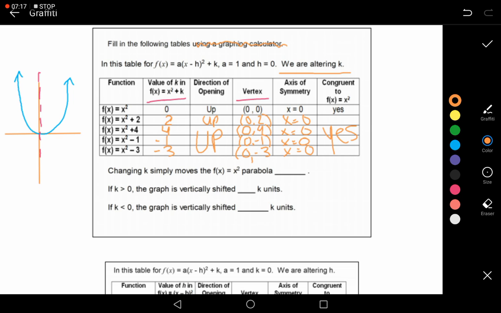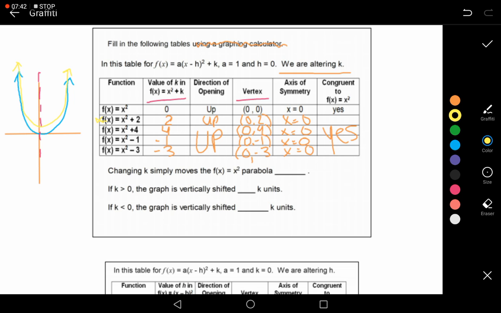Okay, so let's think about this a little. If I were to just sketch a couple of these graphs, I'll do x squared plus 2. That graph is going to look something like this. Again, bear with me, it's not going to be perfect. Okay, so you can see I drew a graph whose axis of symmetry is the same.